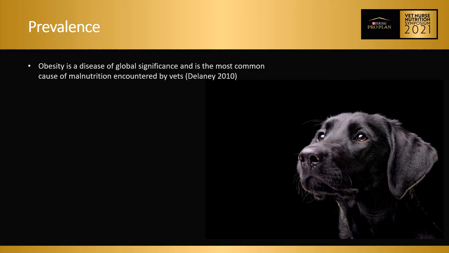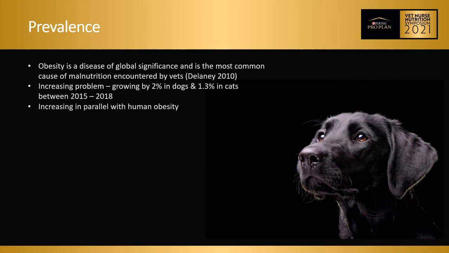And we all know, being in clinics and working in practices, that we're seeing obese and overweight dogs and cats every single day of the week. It is an increasing problem. In recent years, the rates of obesity and overweight classification in dogs have grown by 2% and in cats by about 1.3% in those 3 years between 2015 and 2018.